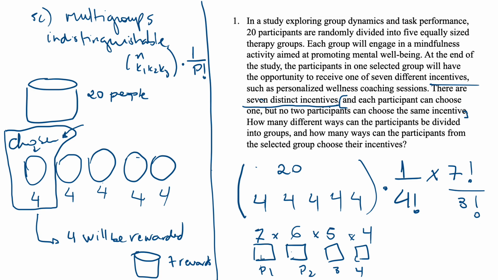I have 7 choices. The other one will have 6 choices as well. I'm not grouping them into the type of rewards. This would be take 4 to give them, but it's not showing you the way I could give them.